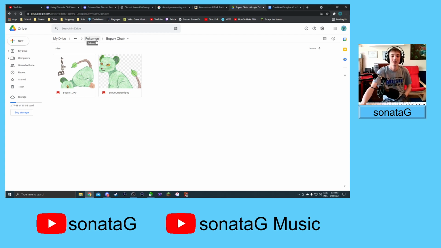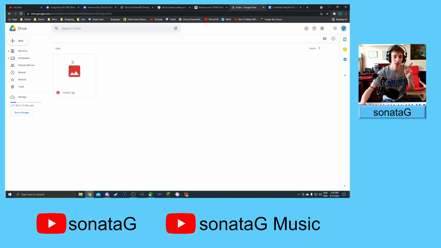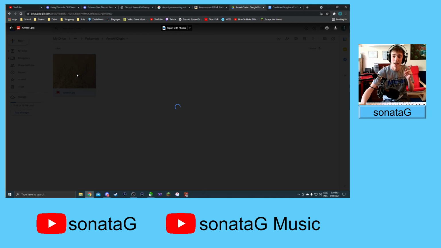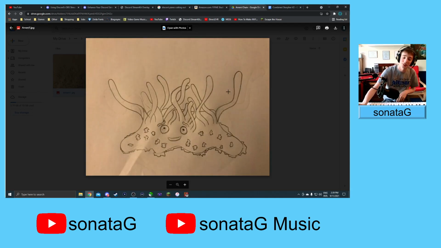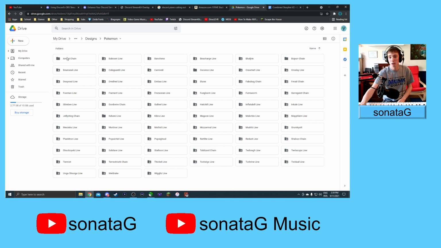Oh gosh. And then most of the other ones. Okay, Fababug. This one here is so cute. Well, actually, no. Let me talk about Amani first, because this is another one that I created. I'm not a very good artist, but this is Amani. That would be one of the fossil Pokemon.